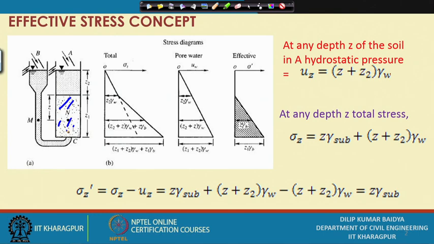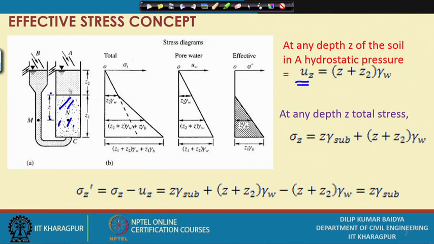Because of that, within the soil mass, consider a point at a depth Z from the soil surface. What would be U_Z at that point? That means, what is the hydrostatic pressure at this point? As we know, hydrostatic pressure is nothing but the unit weight of water multiplied by the depth.